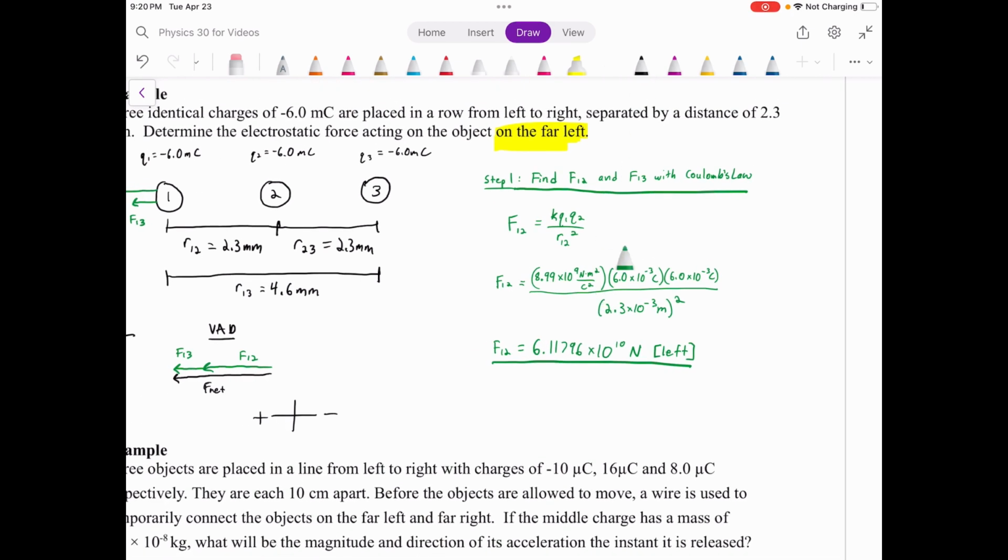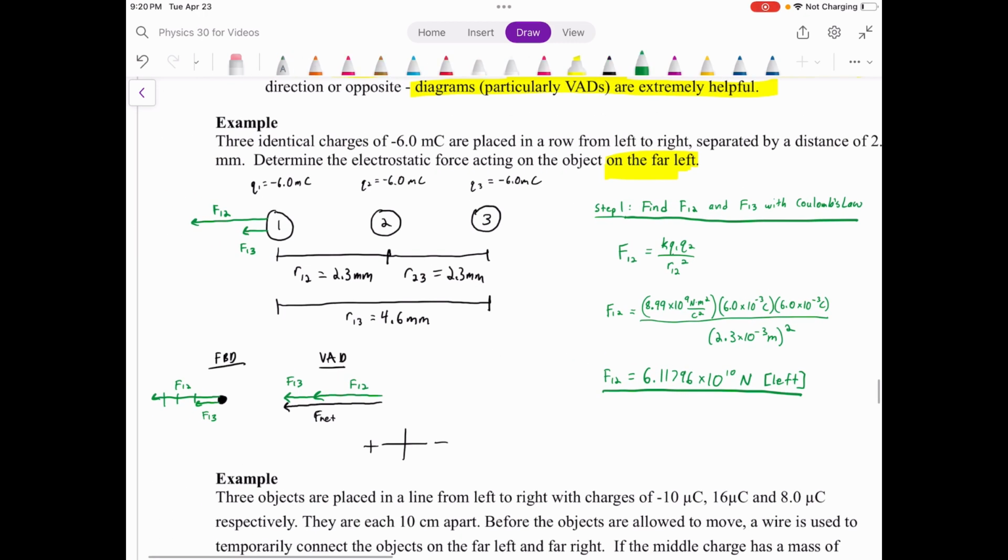So notice the math didn't give me that, right? I had to think about it. It's not like it came out with the right sign and I knew that meant left. I had to put myself in the shoes of charge 1 and think about which way charge 2 would be pushing it, right? And if that's to the left, okay? So when I go to add them up, I'm calling left positive. I'll make that force positive.